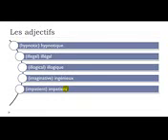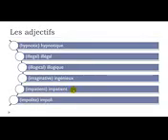Impatient, okay, remember, final T not pronounced, and then you've got this T, I and a vowel, so sien. Impatient. Impoli, okay, remember, I-M and then a consonant after, so nasal, impoli.